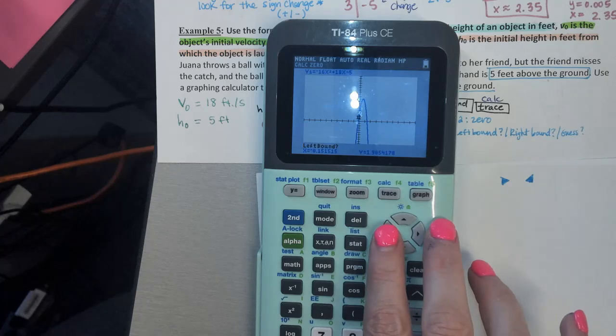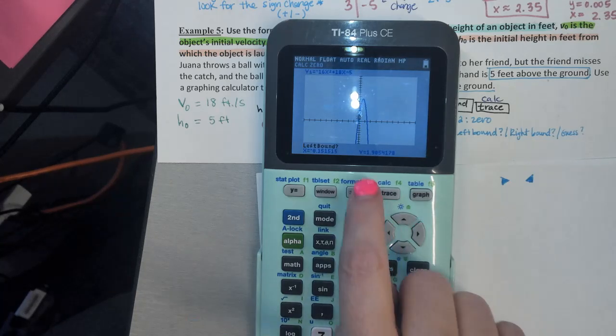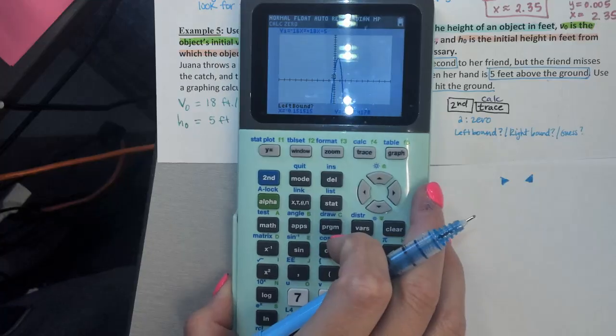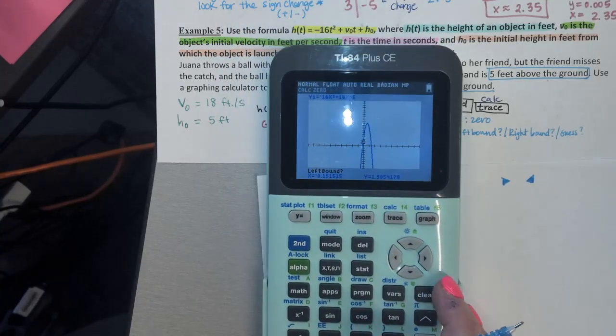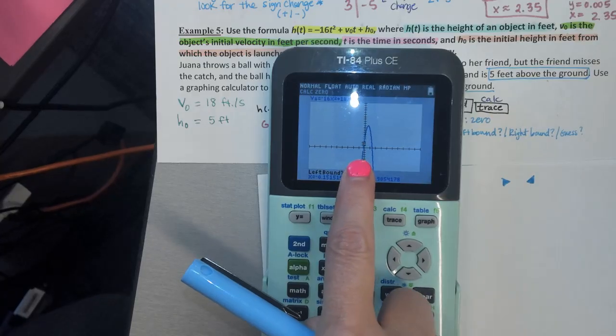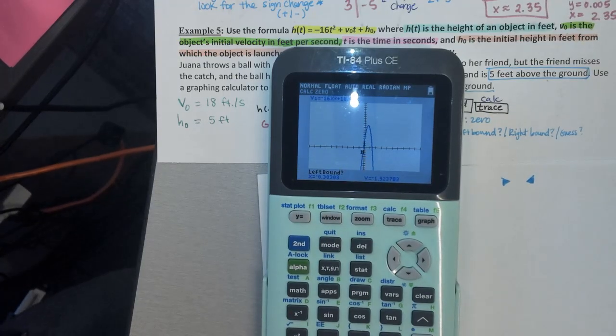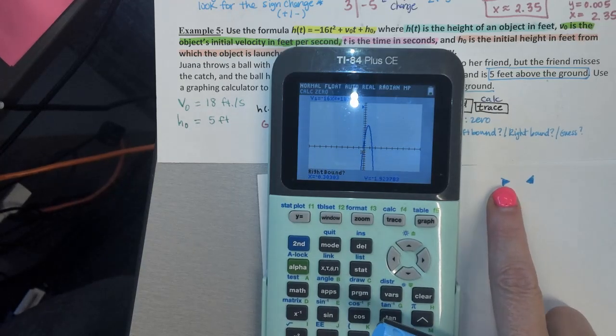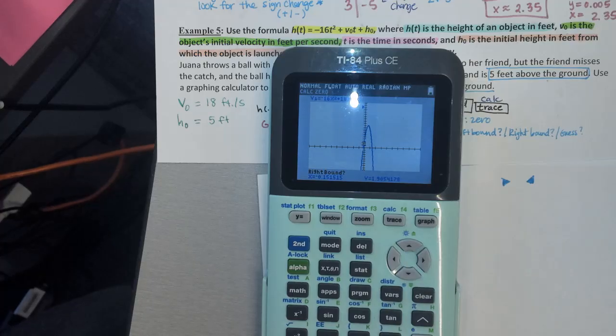Okay, so you're going to go as close as you can to your 0, which is your x-intercept. When you are telling it left bound, you have to go below the axis, and then press enter. It's going to give you that arrow. And then you have to go above the x-axis.